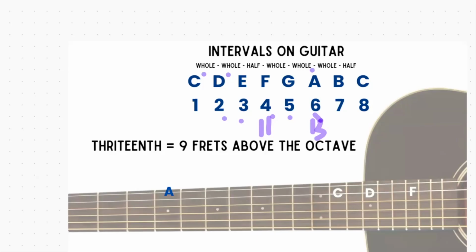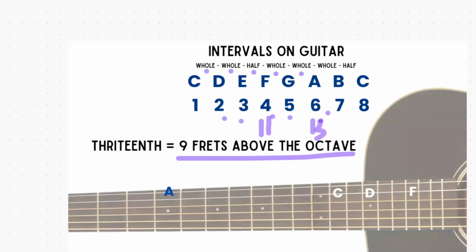And the 6th, so the 13th is 9 frets above the octave. Because we have the whole, we can count the intervals here, right? So the 11 would be 2, 4, 5 frets above the octave. And if you keep going, 7, 9. So 9 frets above the octave for the 13th, which is also the 6th, but again, up an octave.